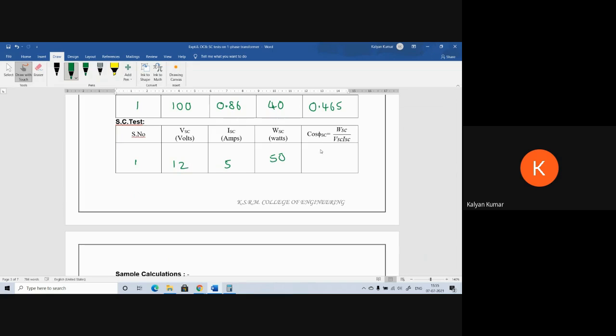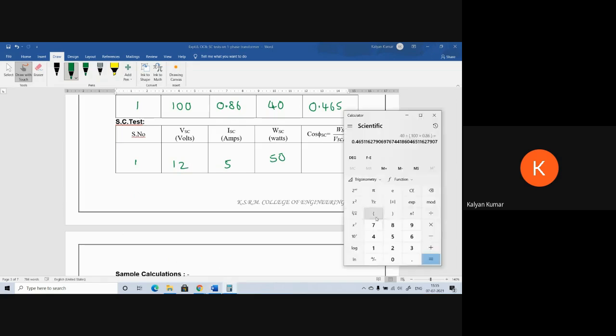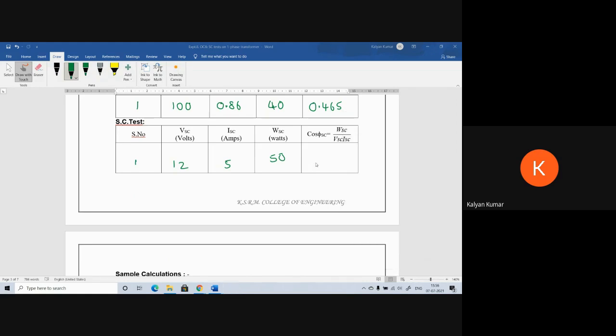Now if we calculate the cos phi SC, it will be 50 divided by 12 into 5, that is 60, so 0.833. 0.833 is what we are going to get.